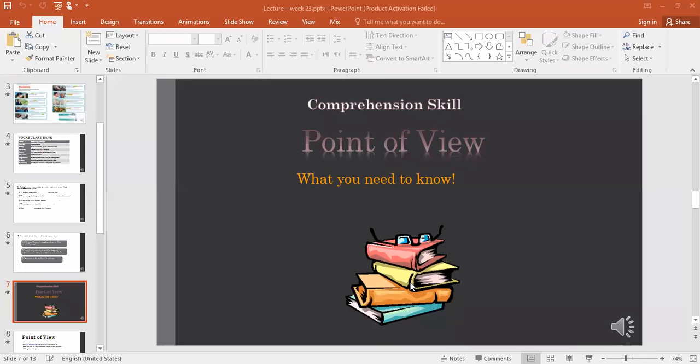So we have the first and the third point of view. Yes, Asil, can you explain to us what is the first point of view? The first point of view is when the writer, the narrator, or the author is in the story, is a character in the story.